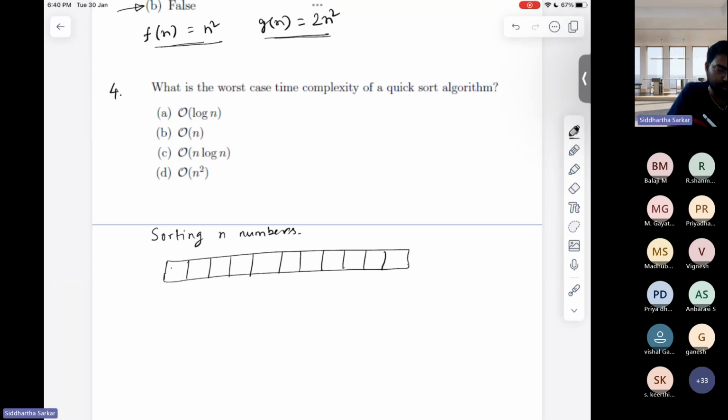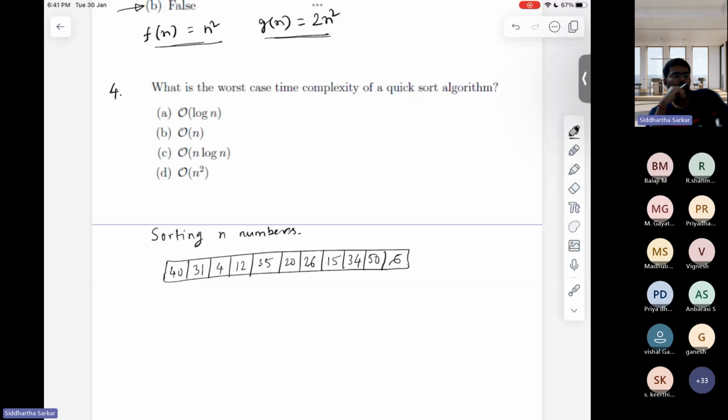Let's take some examples: 40, 31, 4, 12, 35, 20, 26, 15, 34, 50, and let's say 6.